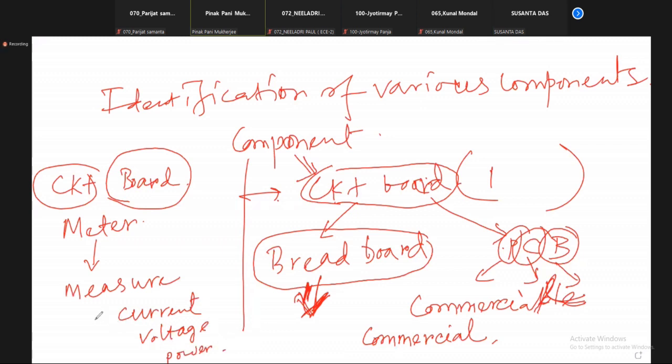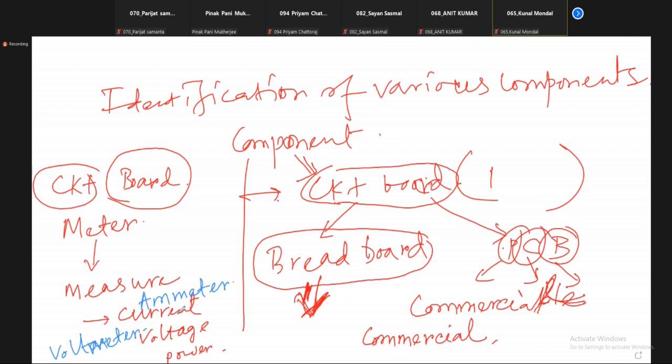Okay. So for current measuring, we use one instrument. What is the name of the instrument? Ammeter. So for current measuring, we have one thing that is called an ammeter. For voltage measuring, we use a voltmeter. So is the understanding clear?